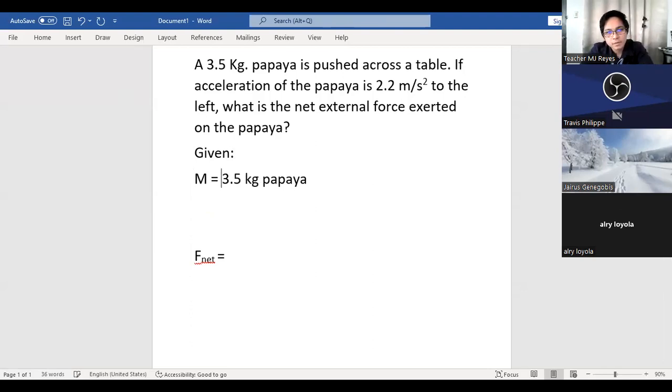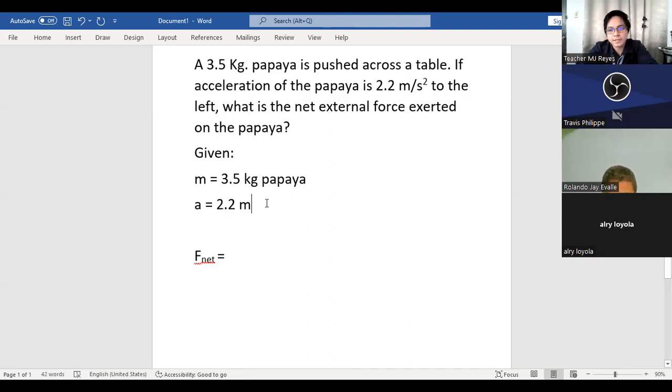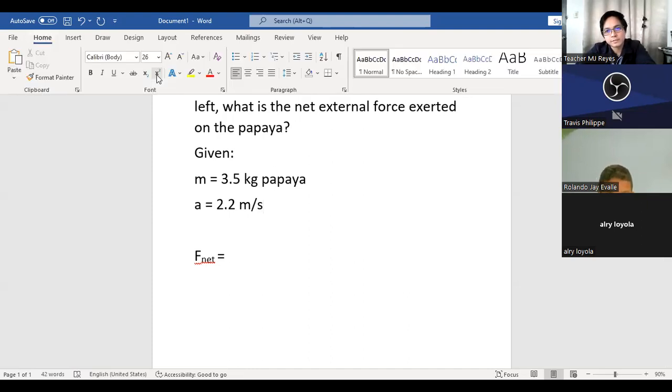The second given there, 2.2, is the acceleration, which is 2.2 meters per second squared. Okay, you calculate.